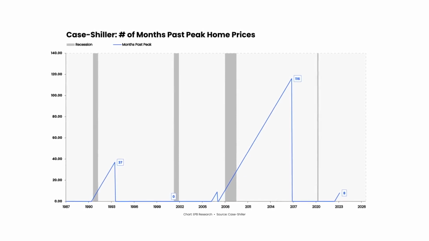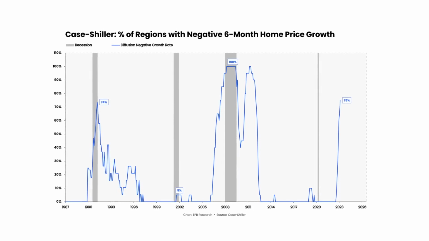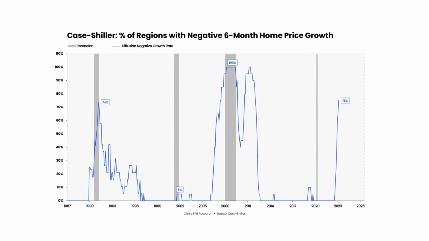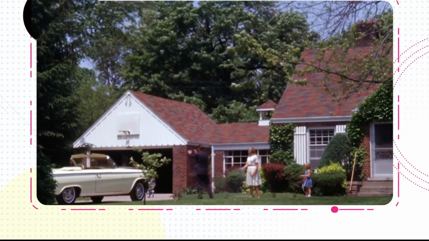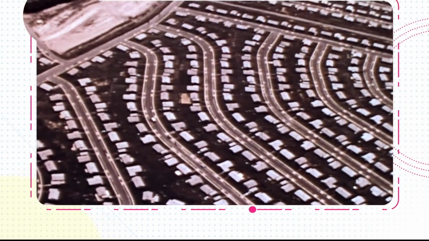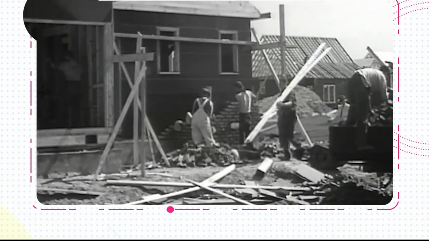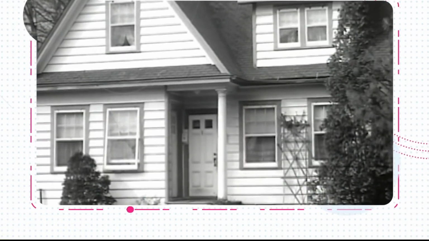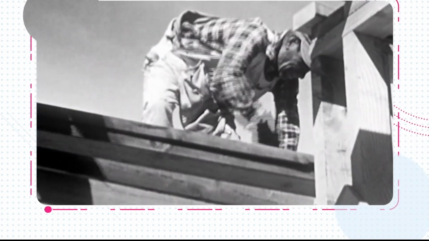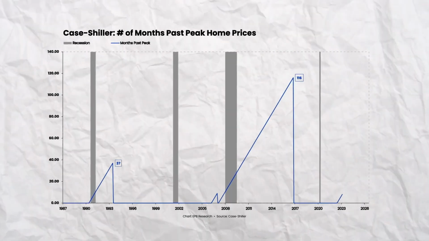The Case-Shiller Index publishes housing prices for 20 major cities, so we can measure how many cities show negative price growth for 6 consecutive months. During the 1990 recession, even with only a 2% average decline in housing prices, the downturn lasted for 37 months and affected 74% of the cities. The 2008 recession was much larger in magnitude, with a 30% decline and a duration of 116 months, impacting 100% of the cities.